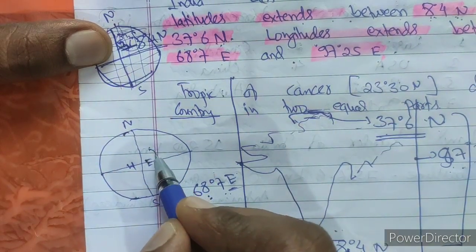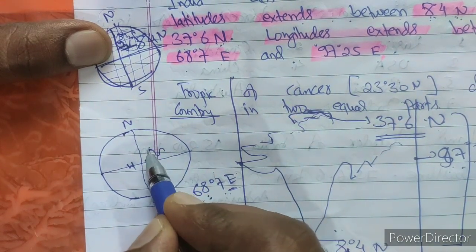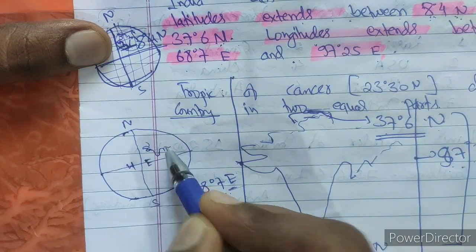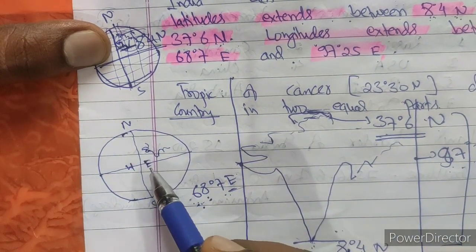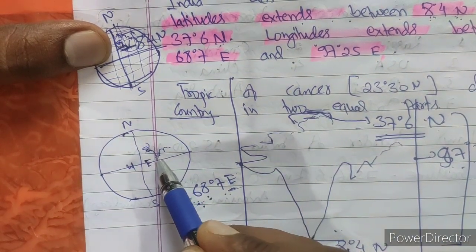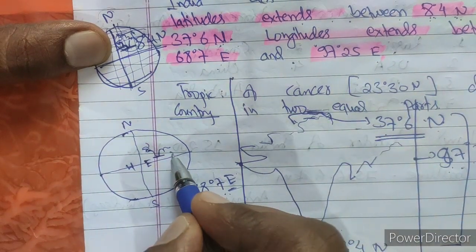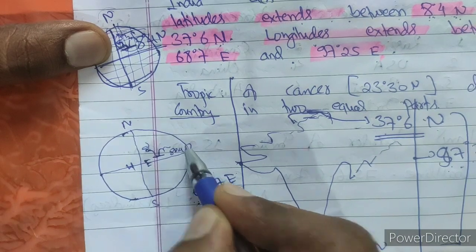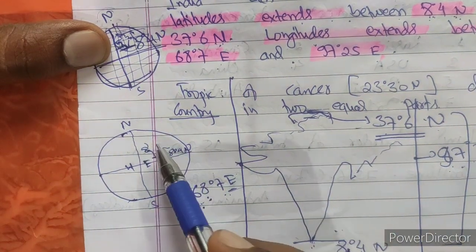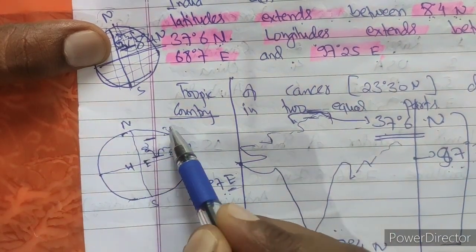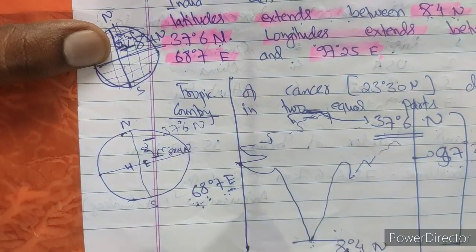India's position is somewhere over here. It starts from this point, 8 degrees and 4 minutes north, and moves up to here, 37 degrees and 6 minutes north.